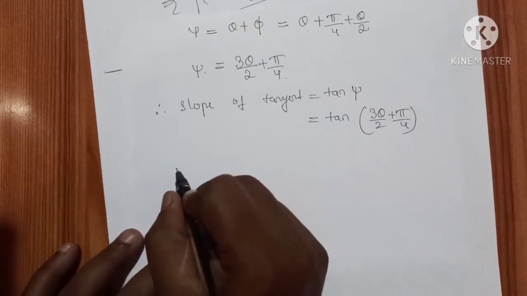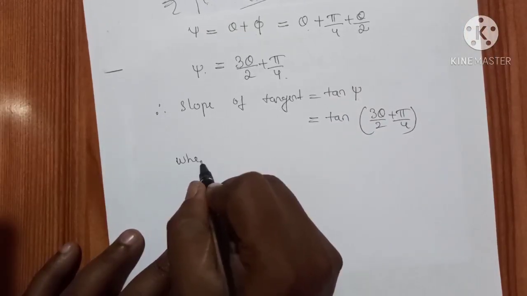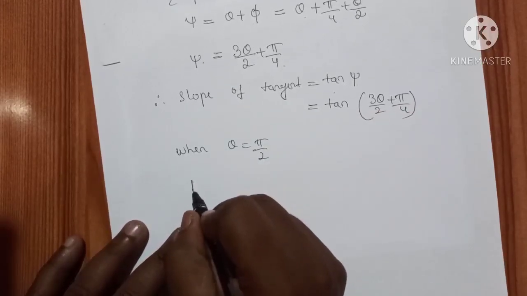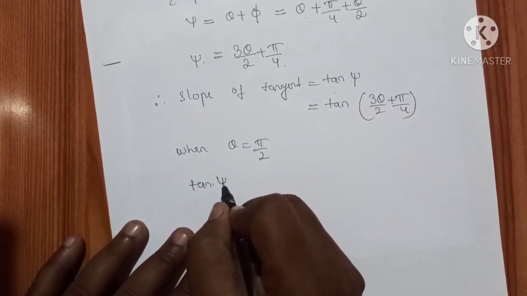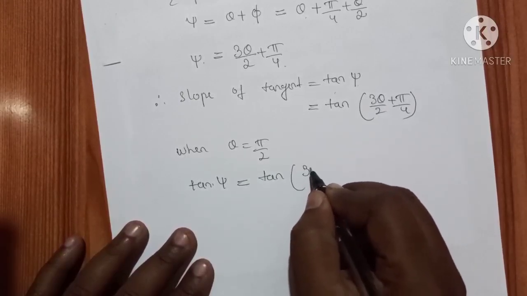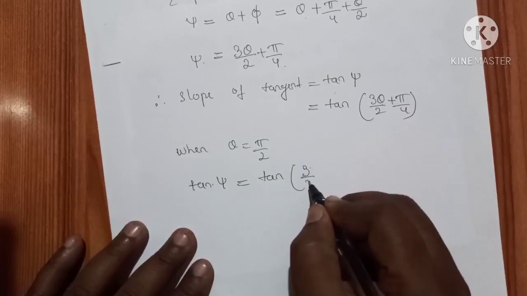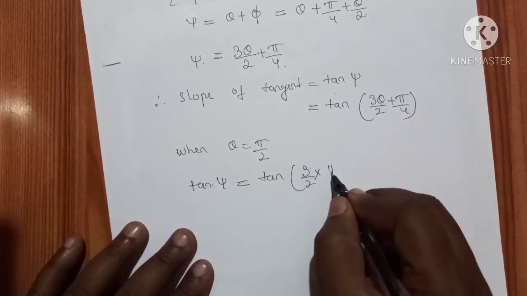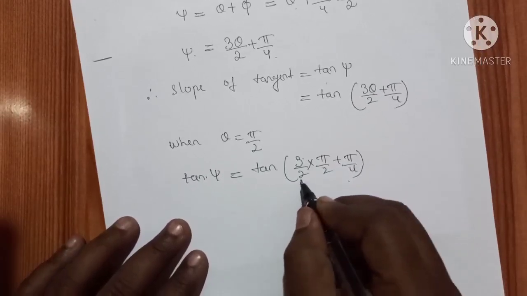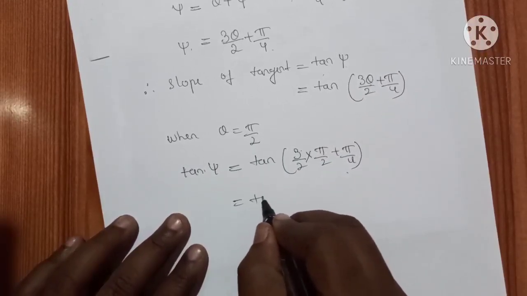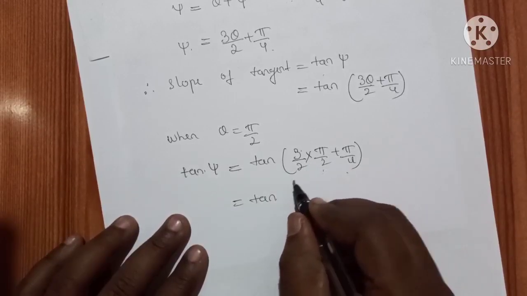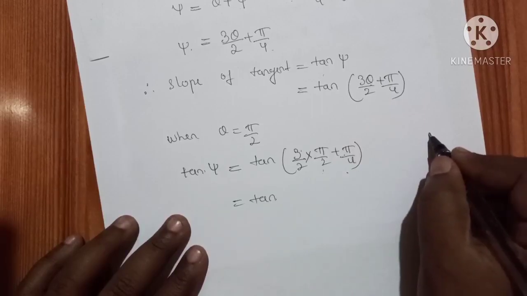But given that theta is equal to pi by 2, then slope of tangent, that is tan psi, is equal to tan of 3 by 2 into theta value pi by 2 plus pi by 4. Simplifying, we get tan of 3 pi by 4 plus pi by 4, which is 4 pi by 4.